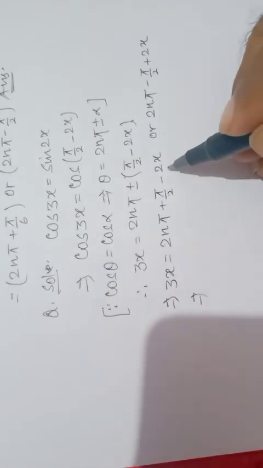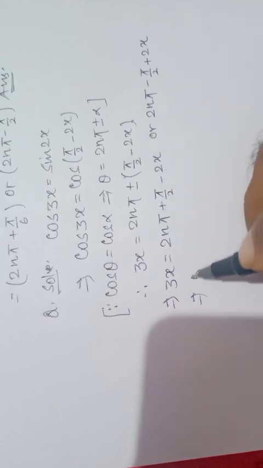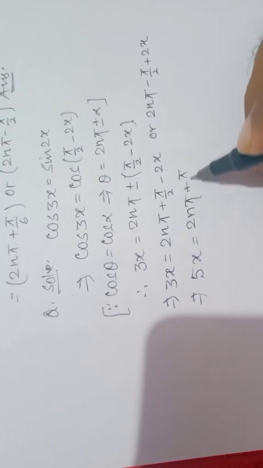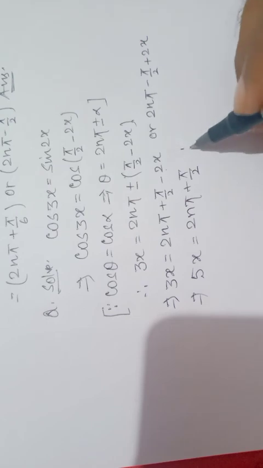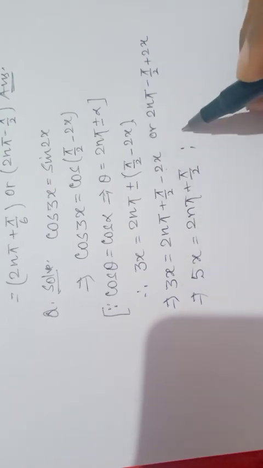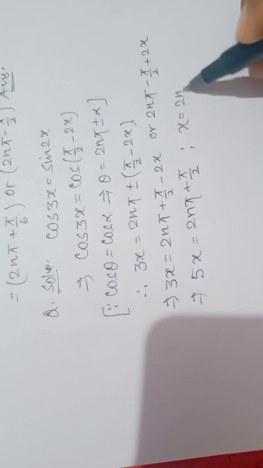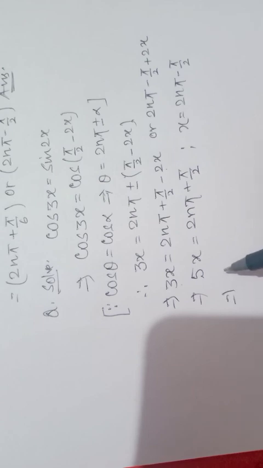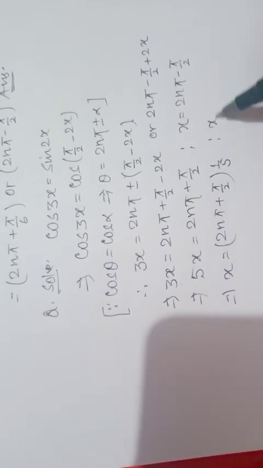From the first value we have 5x is equal to 2n pi plus pi by 2, and from the second value 3x minus 2x, that is x, is equal to 2n pi minus pi by 2. Consequently, from the first one x is equal to 2n pi plus pi by 2 into 1 by 5, and x is equal to 2n pi minus pi by 2.